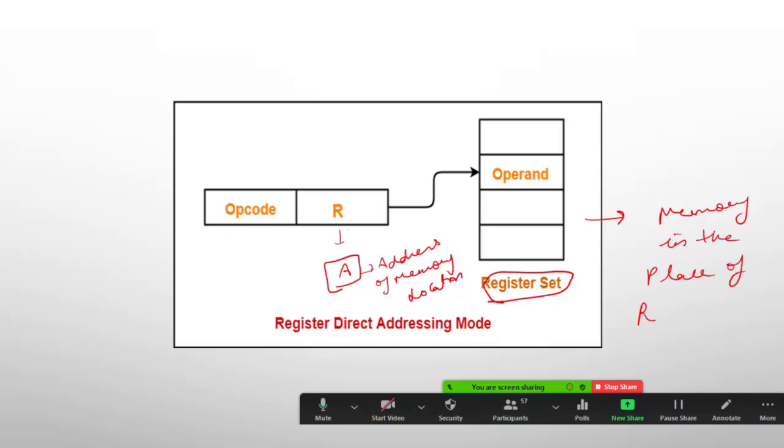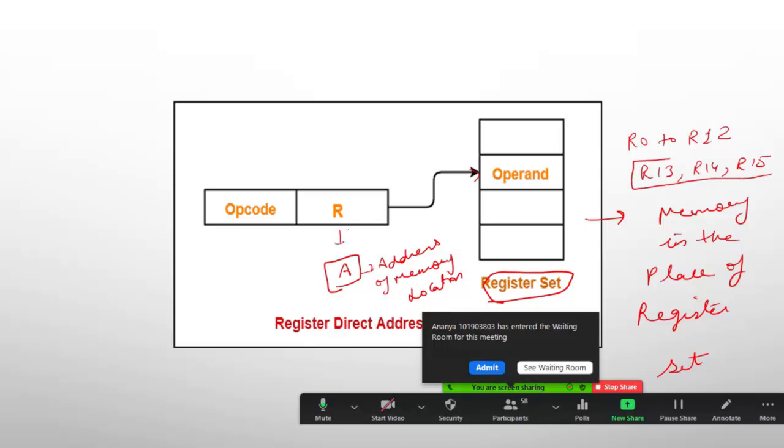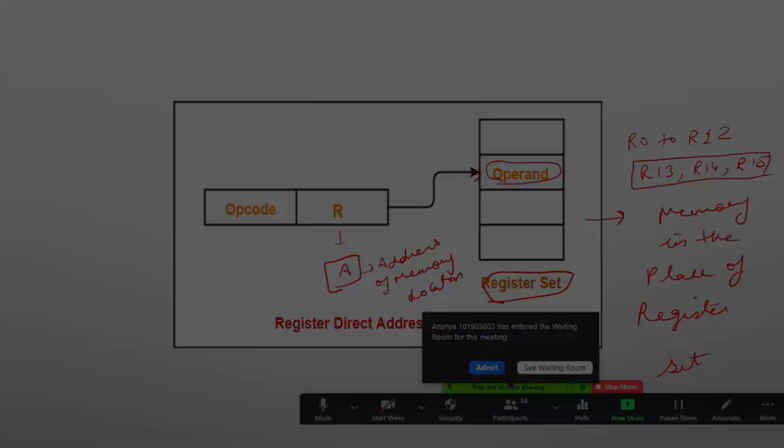So here this is a register and R is pointing to some address in the register. The registers can be from R0 to R12. R13, R14 and R15 are special purpose registers where you can't store the address or data. So this R is pointing to the register location where the value of the operand is present. We have done up to register.